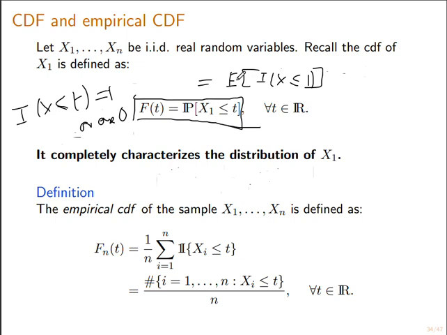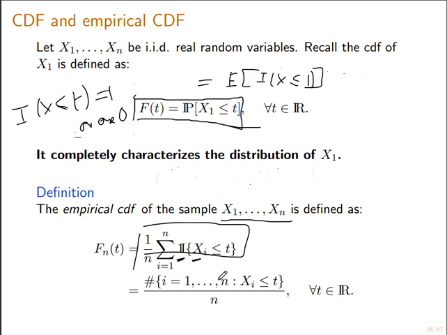Let's say we have iid random variables x1 to xn, and we take the average of the indicator functions of these random variables, from I1 to In.